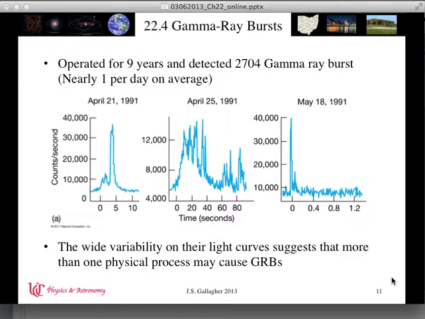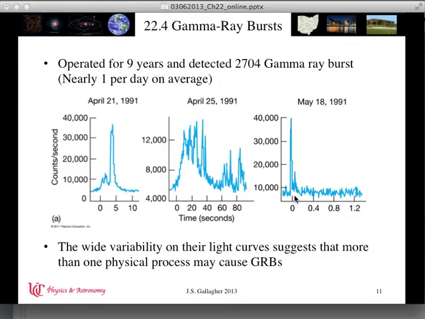This first one here lasted for 5 seconds, and it had a bunch of pulses, peaks and jumps. Here's one that was emitting radiation over a period of 80 seconds, giving once again some erratic peaks of bursts of energy. And then you have this last one here, May 18th, 1991, this one was a very, very short period gamma ray burst.